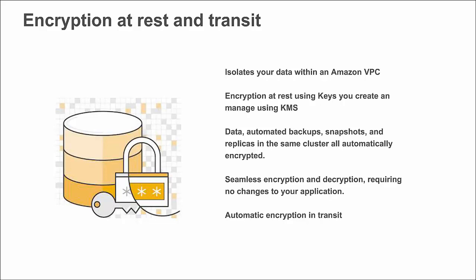Once the database is encrypted, everything that is related to or taken off from the database is also encrypted, which of course includes the data that's in the database, as well as the automated backups and snapshots, and any replicas that are set up in the same cluster will automatically be encrypted. Now, the best thing about this encryption is it's totally seamless.